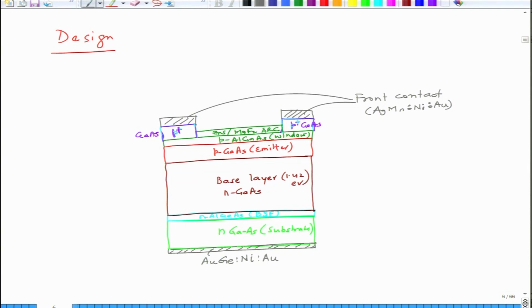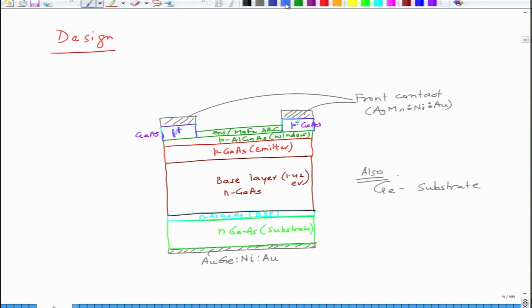These also use sometimes germanium as substrate. Germanium can also be used as a substrate because they have a good lattice match between the two, and we put N gallium arsenide as a substrate because of good lattice match, so that dislocations are smaller in number so defects are lower. As a result, the dark current is lower, the recombination is lower.